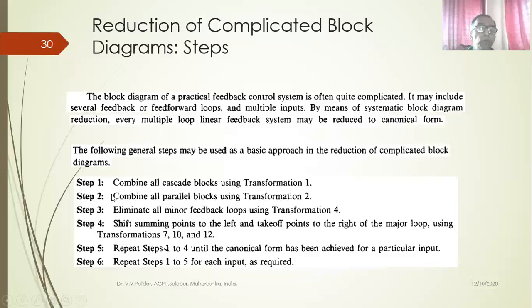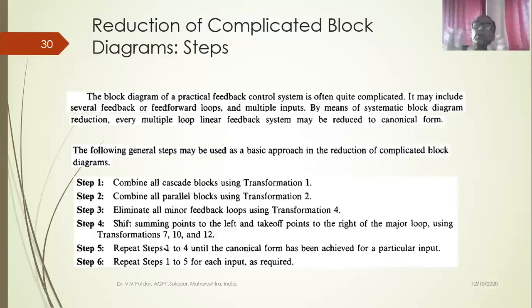Repeat all these steps, 1 to 4, until the canonical form has been achieved for a particular input. What is the canonical form? Say I have 12 or 15 blocks arranged at various locations.